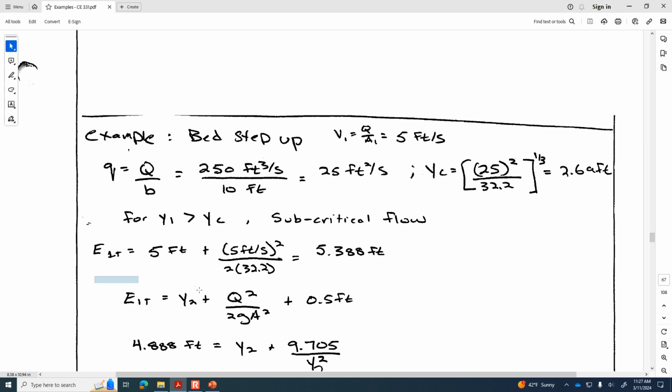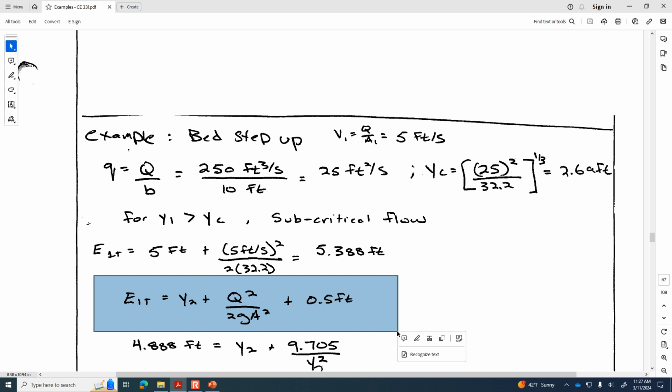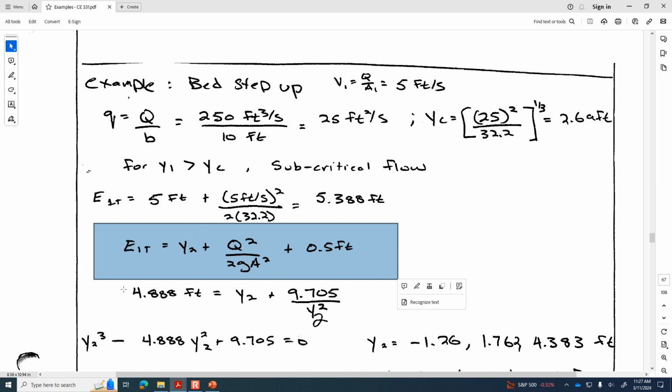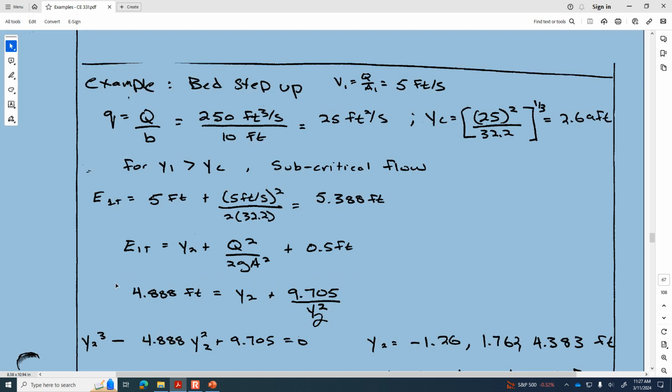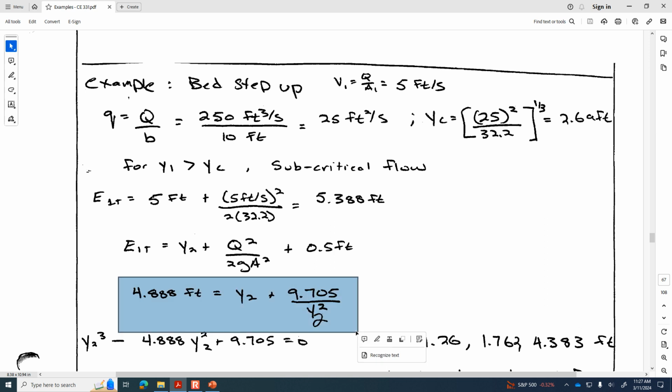This is saying the energy at 1 equals the depth and velocity head at 2 plus the delta z, just accounting for all of the energy. So E1 was 5.388. Then if we have 5.388 minus 0.5, what's left on the left-hand side of the equation is 4.888 feet.